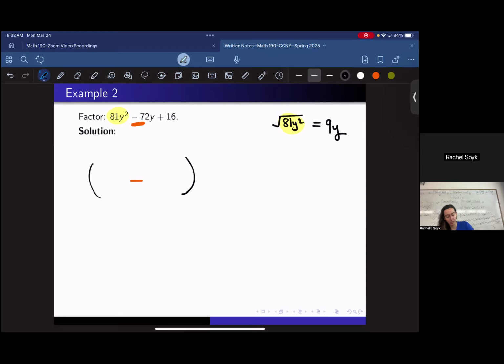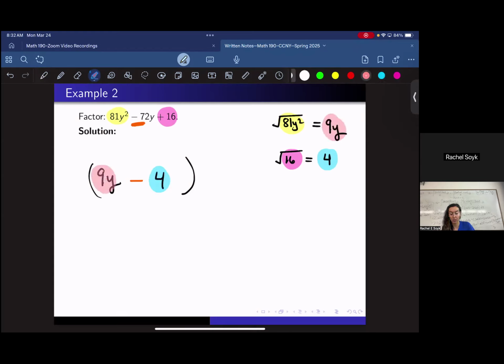Good, thank you, Daniel. Now let's look at that last term, which is 16. When we take the square root of 16, what do we get? 4. Awesome. And we're done. Well, actually, what are we missing? We have to raise this to the second power.